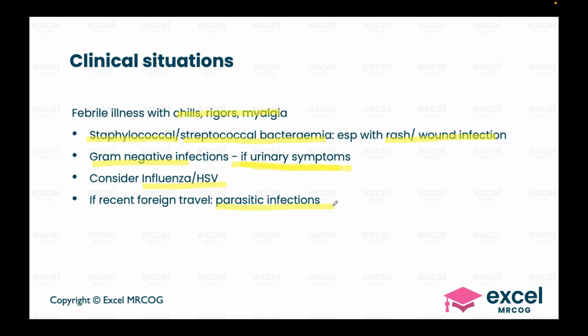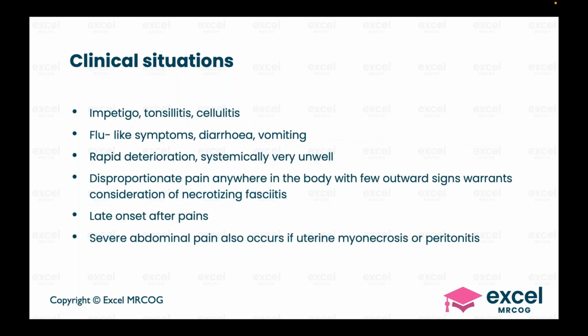All right, let's see a certain clinical scenario. Here we have impetigo, tonsillitis, cellulitis, flu-like symptoms, diarrhea, vomiting, rapid deterioration, systemically she is not well, disproportionate pain. This is an important sign and can be given to you in the clinical scenario mentioned in the question. This comes for part 2.